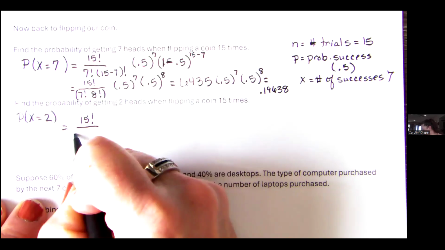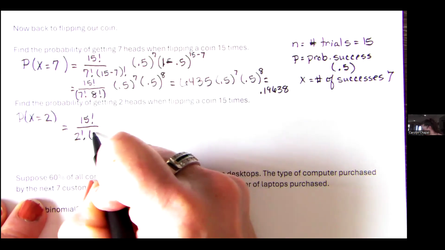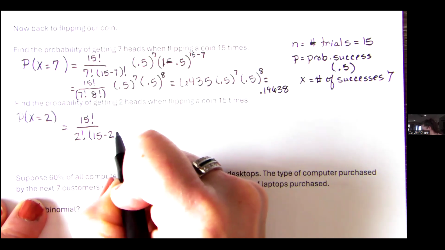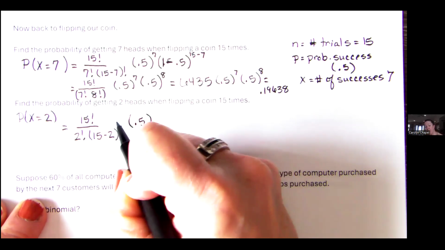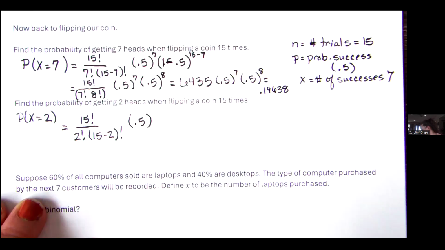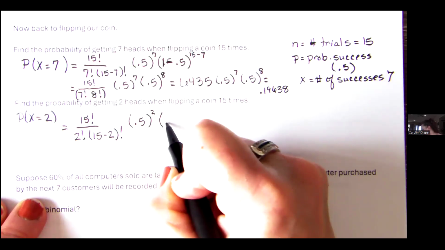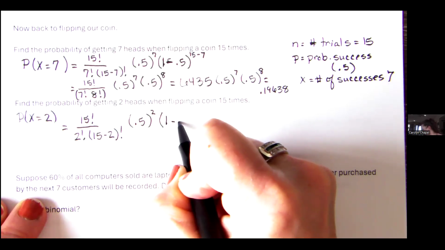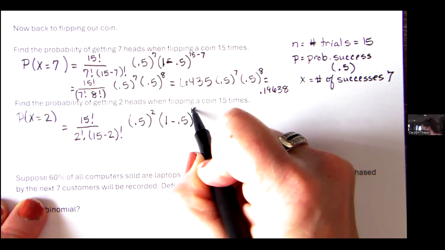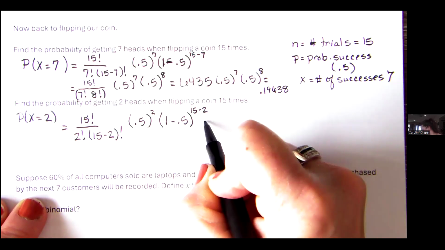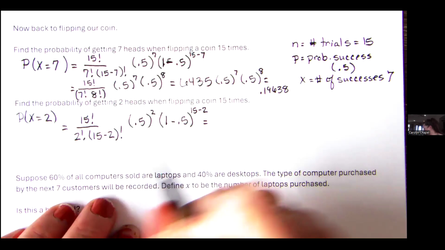My 7 changes to a 2, so I'm going to change that in all my places. Our 0.5 is still 0.5, and there is multiplication going on between that fraction and these pieces. I'm going to clean up some of that part.